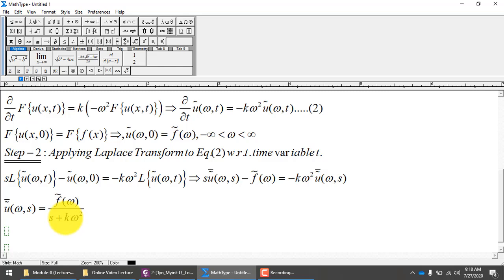So this is the final answer of your transformed equation. This is the total transformed equation after applying both transformations.